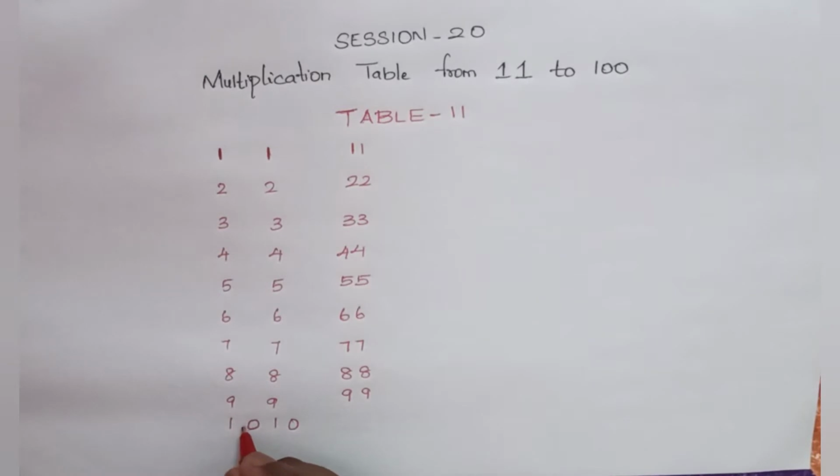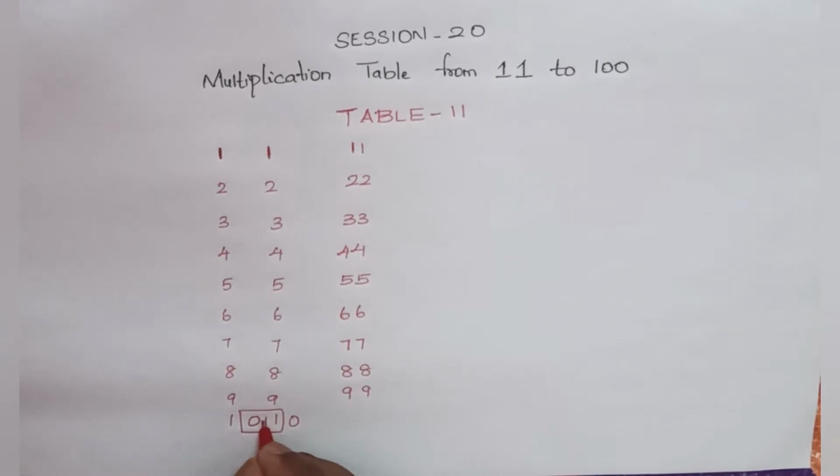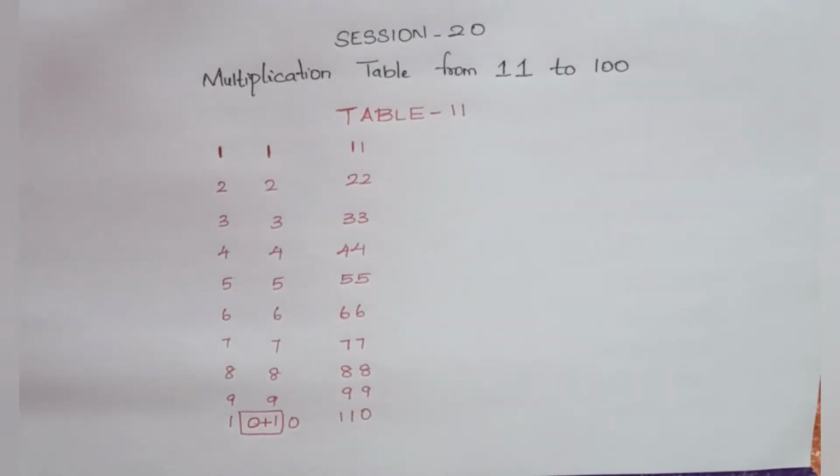The last step, you have to add the inner digits. So here 1 plus 0 is 1, finally you have to do 0. This is the way you have to create table 11.